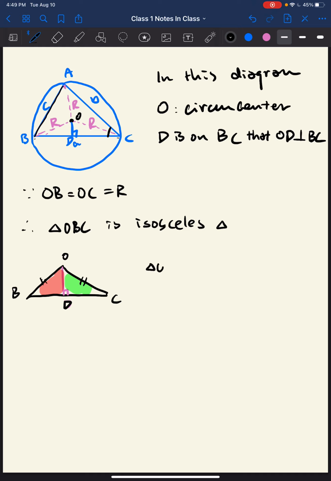A notation we use for exactly the same, or congruent, triangles is this symbol right here. So ODB is congruent to ODC.